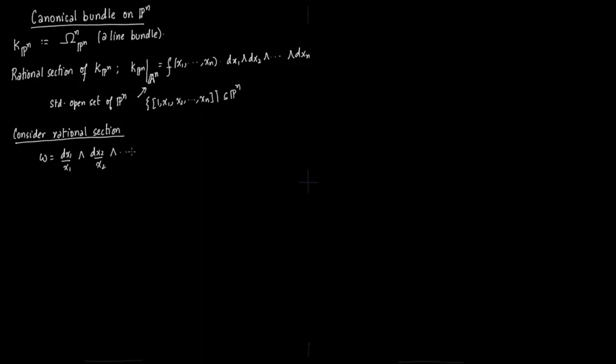Now you can clearly see that every one of these has a pole of order 1, on x1 equal to 0, x2 equal to 0, x3 equal to 0, and so on. We want to find out the divisor for this omega.